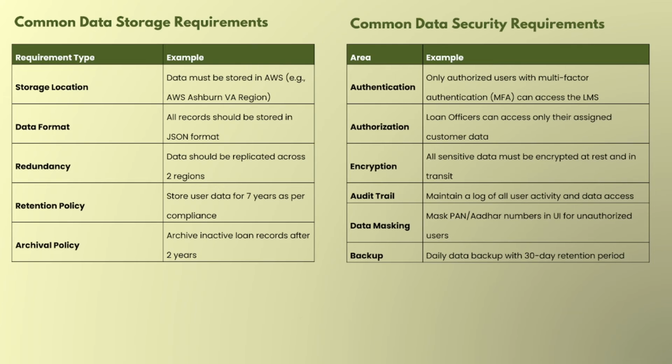Whereas when it comes to data security requirements, we focus on areas like authentication, authorization, encryption, then audit trail, then data masking, means which data can be seen and which data can be masked, means it is not visible apart from a specific bunch of users, then backup. All these things we will generally discuss with the stakeholder while working on the data storage and data security requirements. Now let's apply these data storage and data security requirements on the loan management system, and let's see how the table is developed.